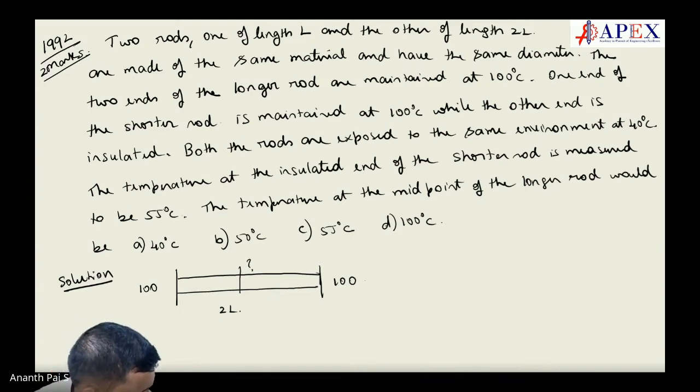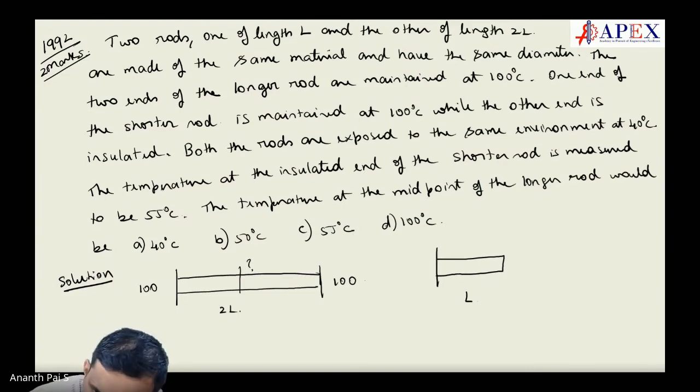On the other side, we have a shorter rod of length L. This side is insulated, and the temperature at the insulated end is 55 degrees centigrade.